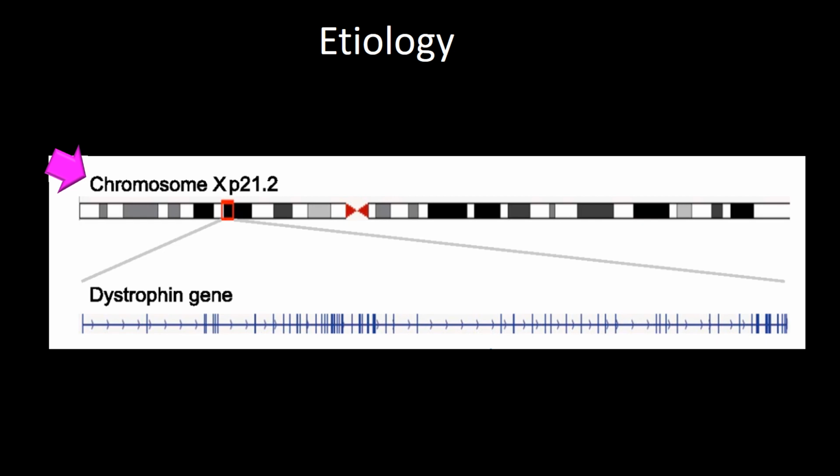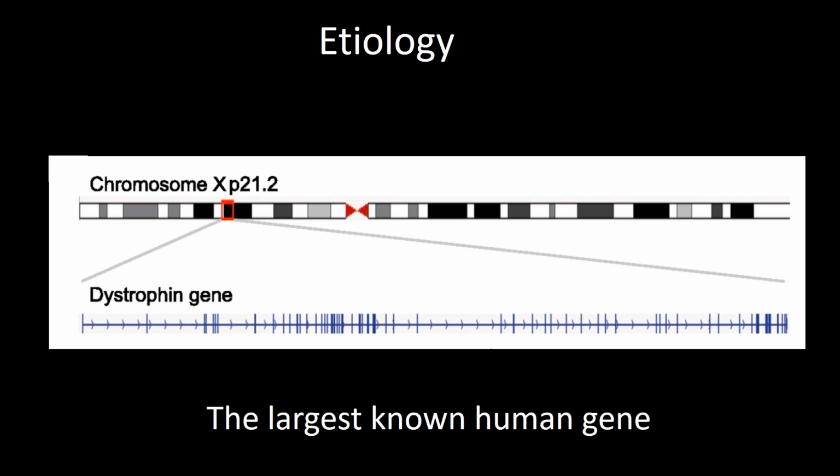The X chromosome has a gene located in the small arm at the level of 21.2. This gene is called the dystrophin gene, which is the largest known gene in humans. It is the malfunctioning of this gene that produces DMD and BMD.